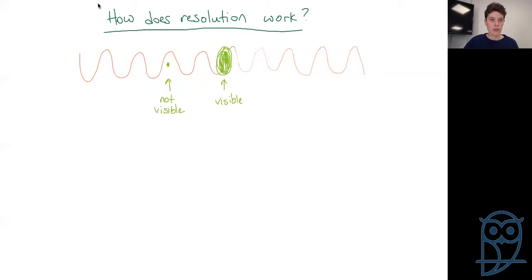Let's see what we can do. Can we not make it wider? There we go. So we disappear the wavelength. Basically, as soon as we interrupt that wave of radiation, all of a sudden something is visible. So now let's go back to our normal width, find our green pen. Resolution is about interrupting the wavelength.